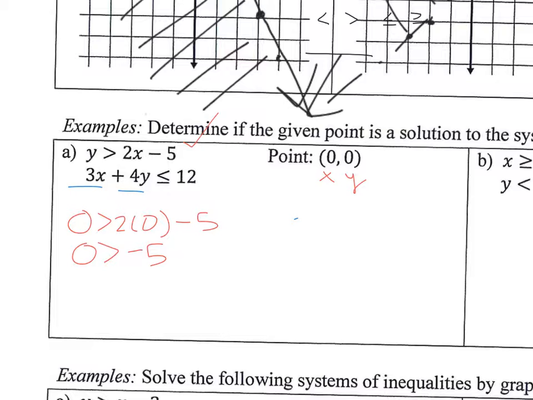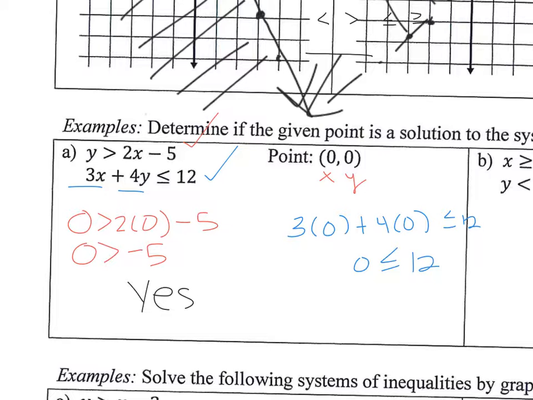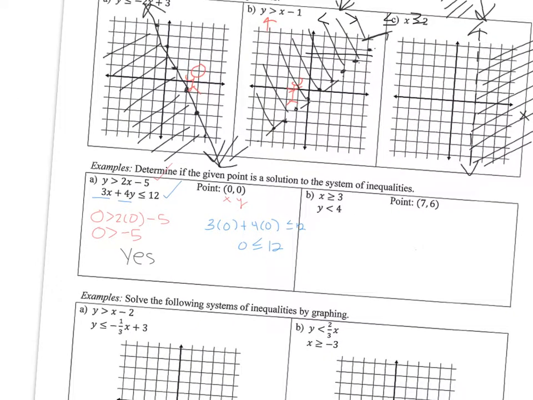So I'm going to plug in 0, 0 into this one. Is 0 less than or equal to 12? Yes, that's true as well. So yes, it's a solution. For a point to be a solution, it has to be in the shaded area of both inequalities, where they overlap. We're going to do a couple of inequalities overlapping down here.